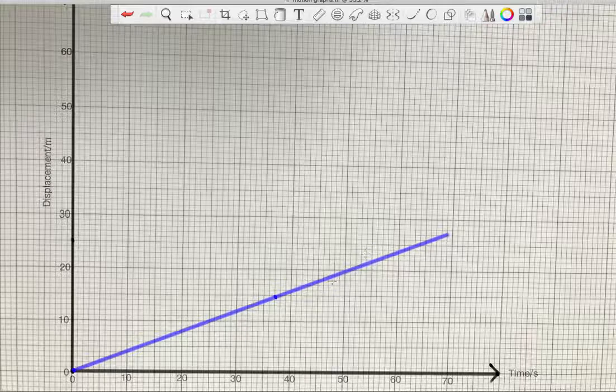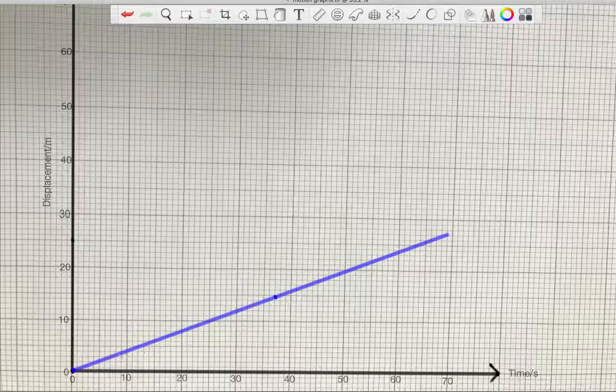So, looking at this graph then, we can say that the distance or displacement is increasing at a constant rate. That is to say, after 10 seconds, we've travelled 4 meters. After 20 seconds, we've travelled 8 meters.